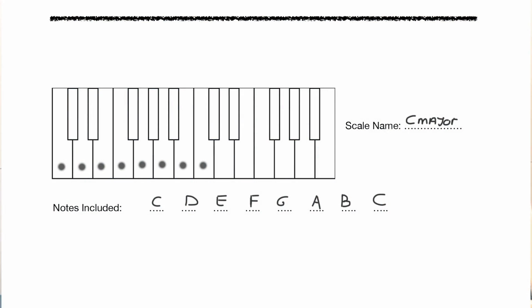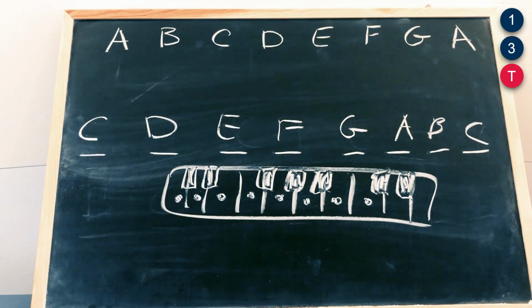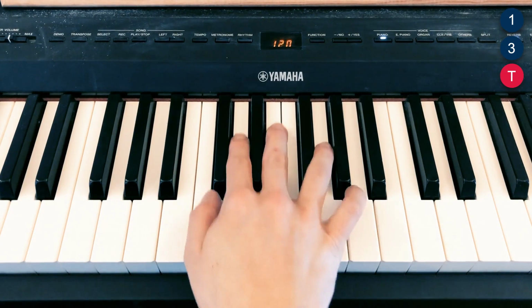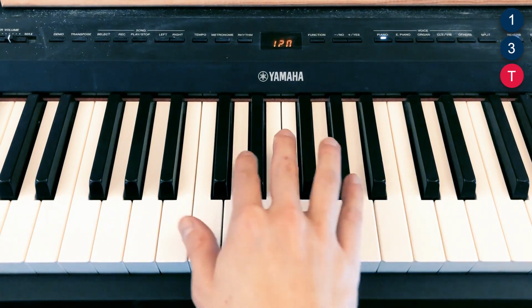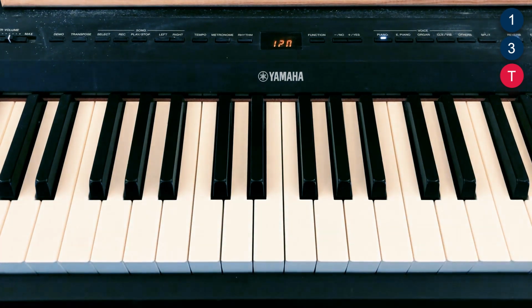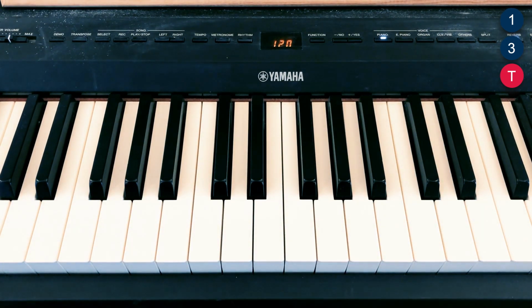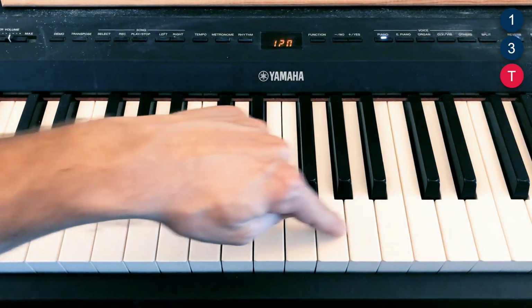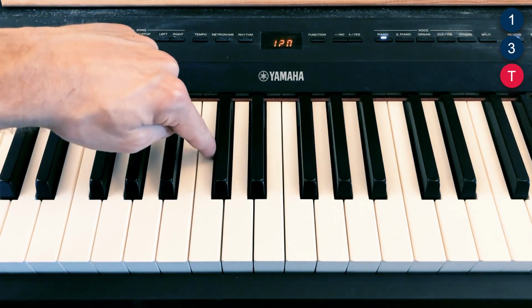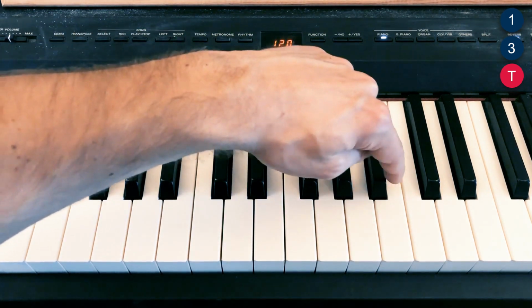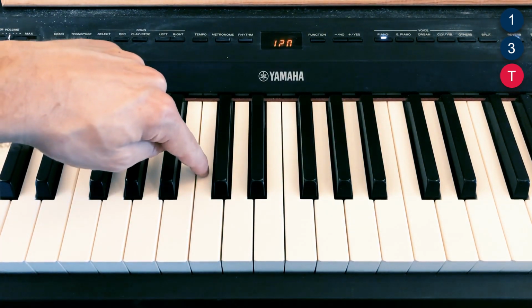So now the question is, if C major is correct, why are all of the other ones wrong? In order to explain this to you, I want you to have a look at the piano right here. All of these notes, we have 12 notes. They're all a distance apart that we call half a note. So you don't walk only on the white notes, you put your finger here and then walk this way so that you reach every single note.